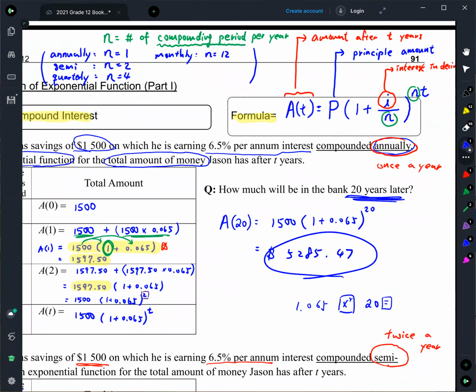It's okay. Don't clear that, and then times it by 1500. What do you get? Times 1,500.